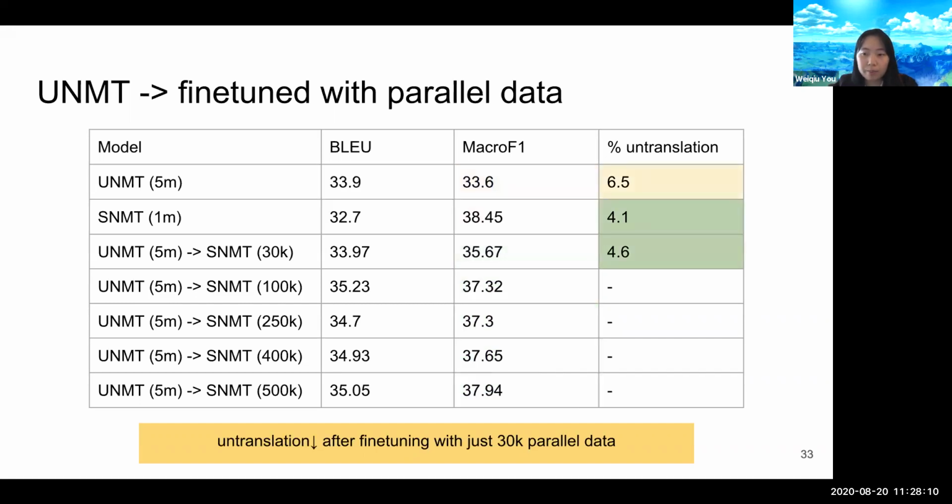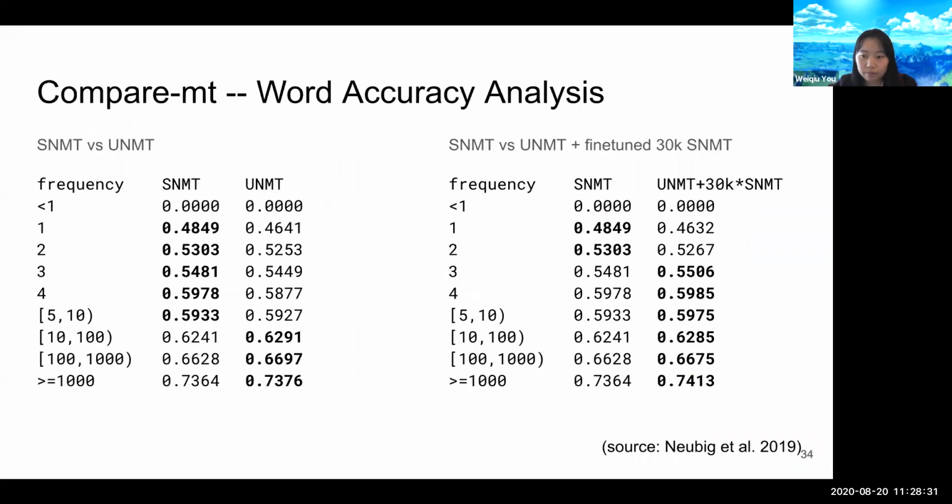Also, UMT has around 6.5% of untranslations, while SNMT only has 4.1%. After just 30K parallel data fine-tuning, UMT's untranslation decreases to 4.6%. Also, after just 30K fine-tuning, UMT's word accuracy in low frequency words also increases.